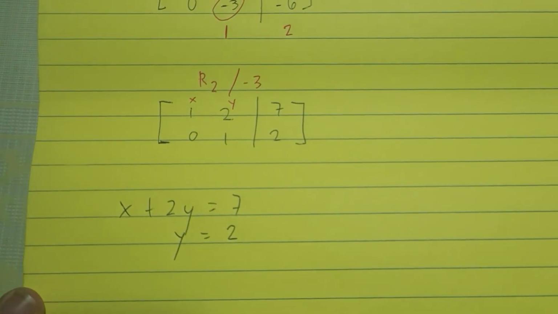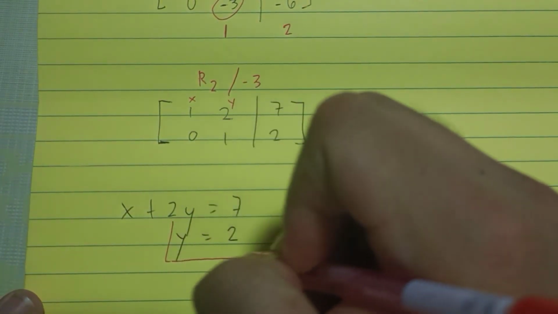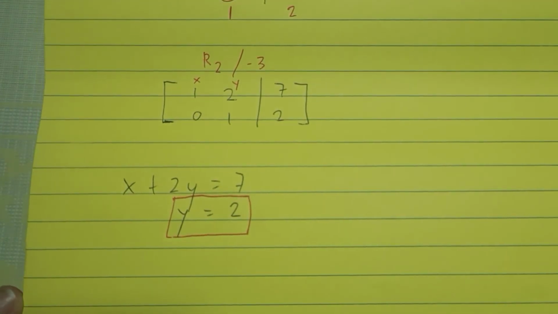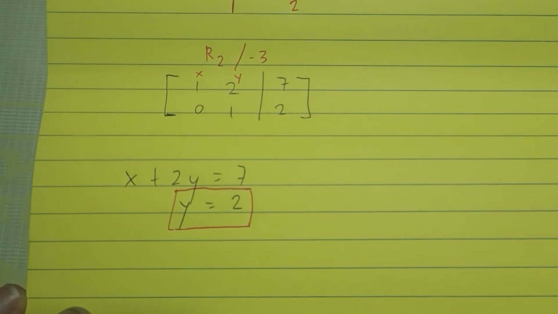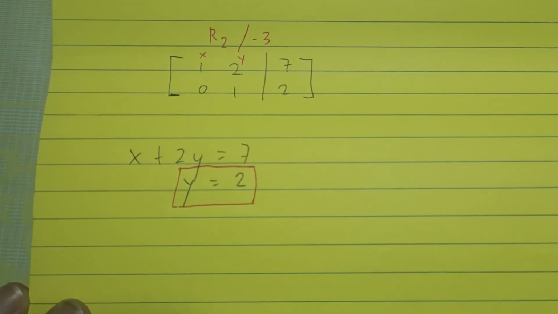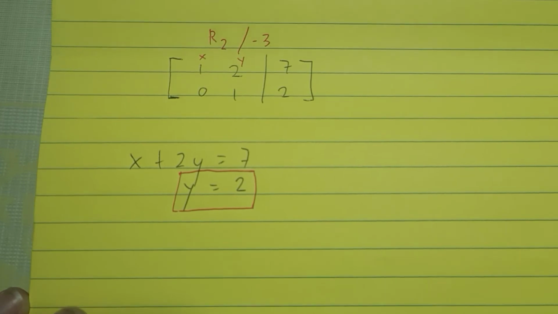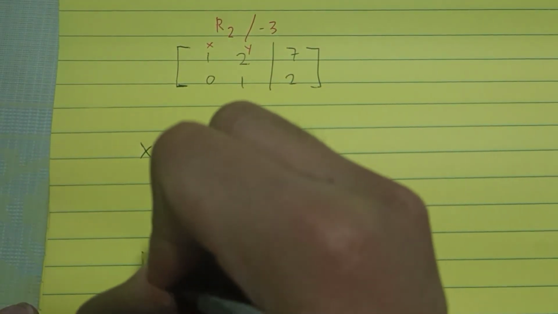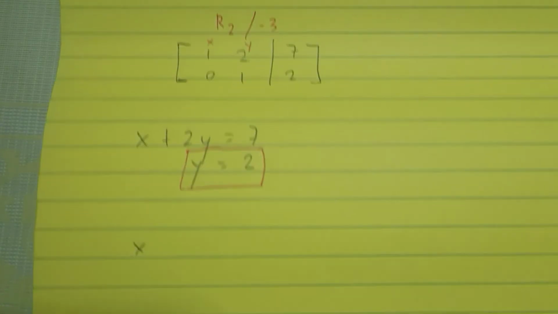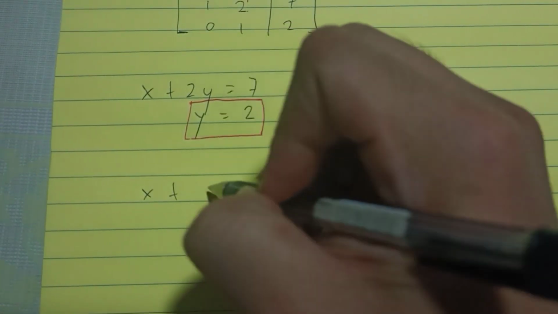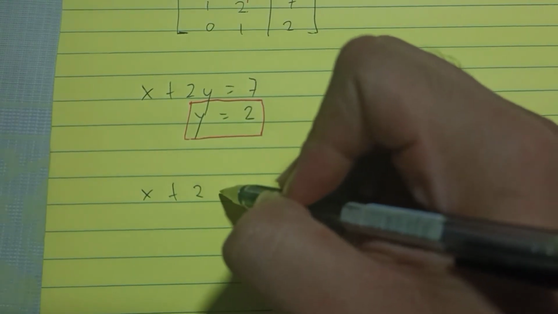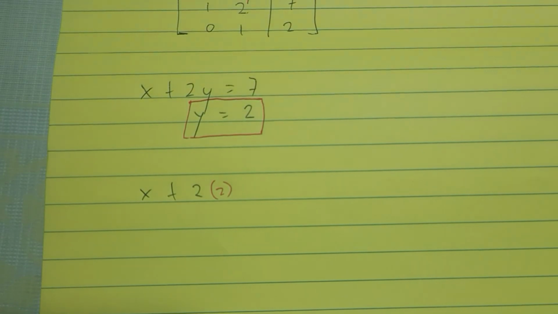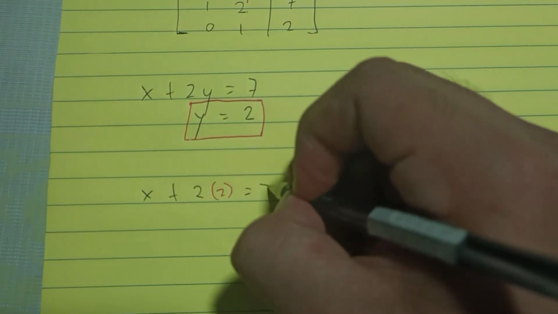Now since we have y is equal to 2, we only need to find the value of x. For that, using back substitution, x plus 2 times the value of y, which is 2, is equal to 7.